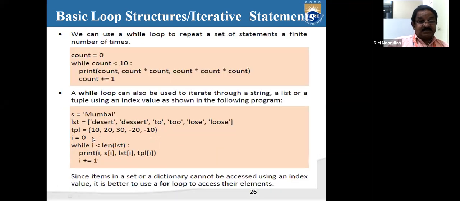Whereas the items in a set or a dictionary cannot be accessed using an index value, so it is better to use a for loop to access their elements. We are not going to use the set and dictionary with while because you cannot access them by using index values. That's why the while loop is not supportive for these two data types, set and dictionary.